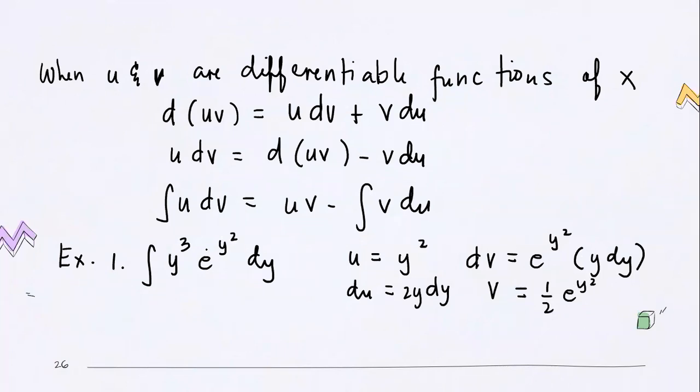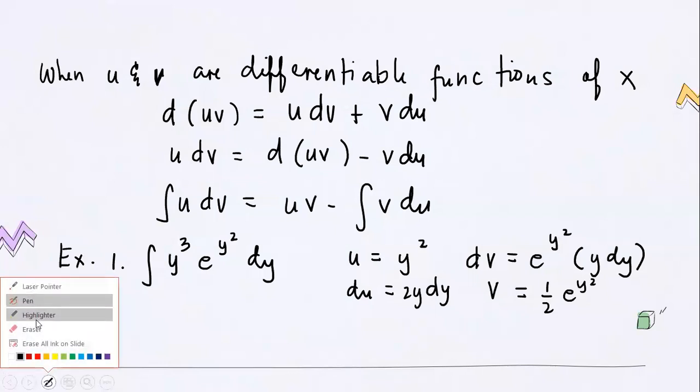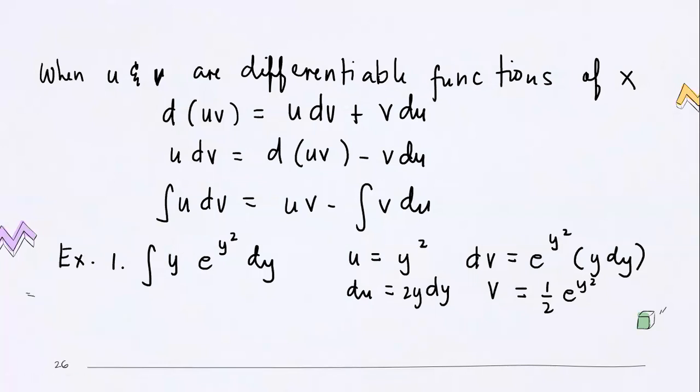A correction. This one is y squared. U is y squared, du is 2y dy.